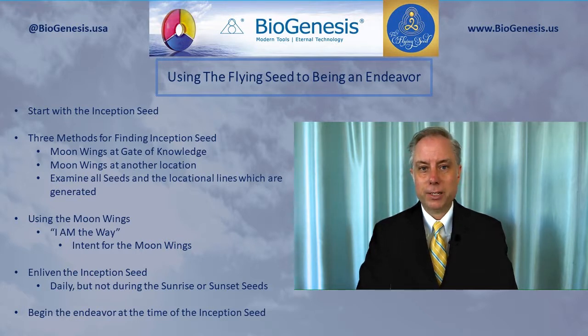The Western gate of knowledge, that's where we're going to be doing the class just next month in a few weeks. The Eastern gate of knowledge is in the mountains of Taiwan. Go there, let fly the moon wings. In the presence of the gate of light, the gate of knowledge, the moon wings will provide you the most accurate answer, the best answer possible.